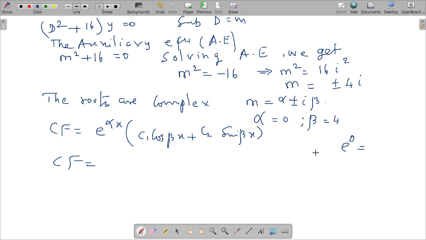Here we can write that the complementary function is c1 cos 4x plus c2 sin 4x.